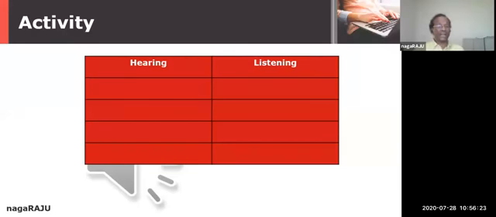What was the task? I told you, okay, prepare a chart like this. On one side you have hearing, on the other side listening, and you are going to listen to something about this, and you make as many notes as possible, or if necessary some mental notes, to identify the differences. So I set a task.